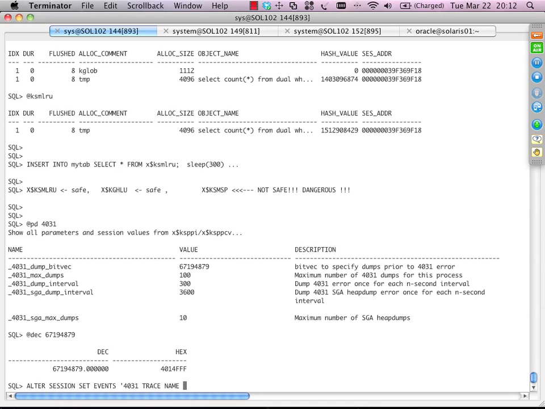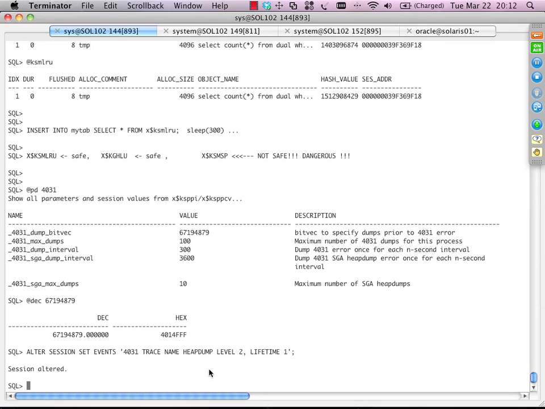Trace name heap dump level 2. And I will just say explicitly lifetime 1. Level 2 is again dangerous in the sense that it takes a heap dump.